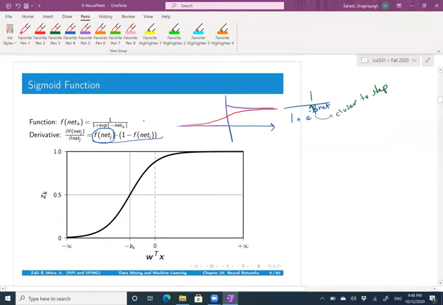Also, if f of net is close to 1, it is also going to be close to 0, because 1 minus f of net is almost 0, and this multiplication is going to be 0. So as we get closer to the ends of the sigmoid function, the derivative with respect to net is going to get close to 0.